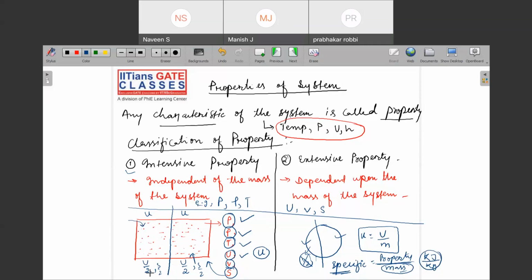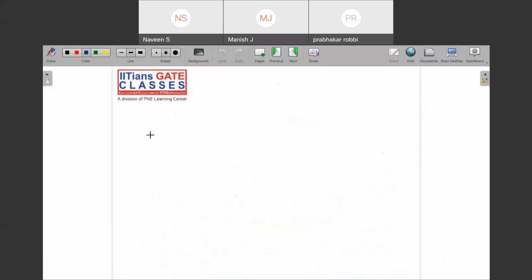So can I write down as a note that all specific properties are intensive properties?